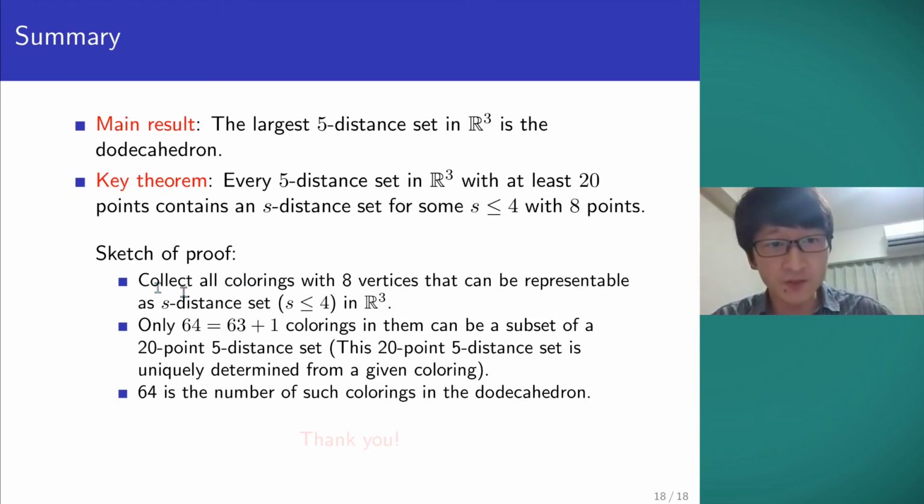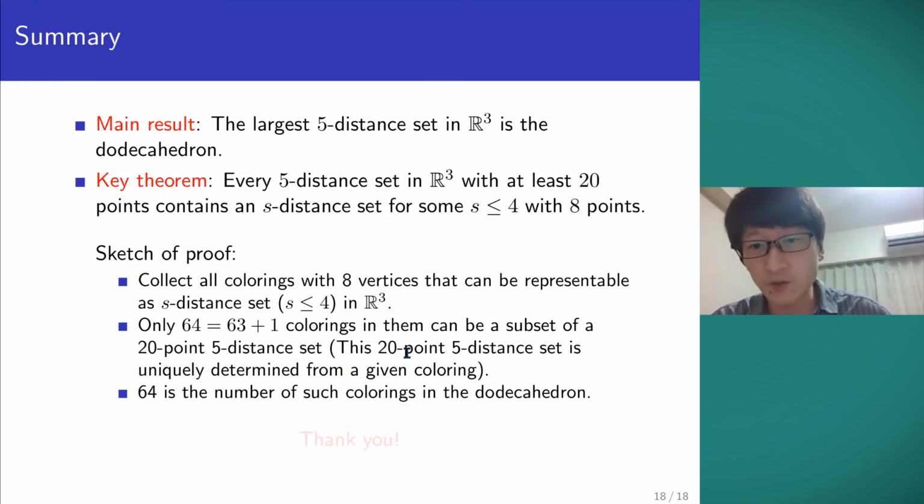Sketch of proof: collect all colorings with 8 vertices that can be represented as an S-distance set in R^3, and only 64 of them can be subsets of 20-point 5-distance sets, by the computational method obtained by Szöllősi and Östergård.